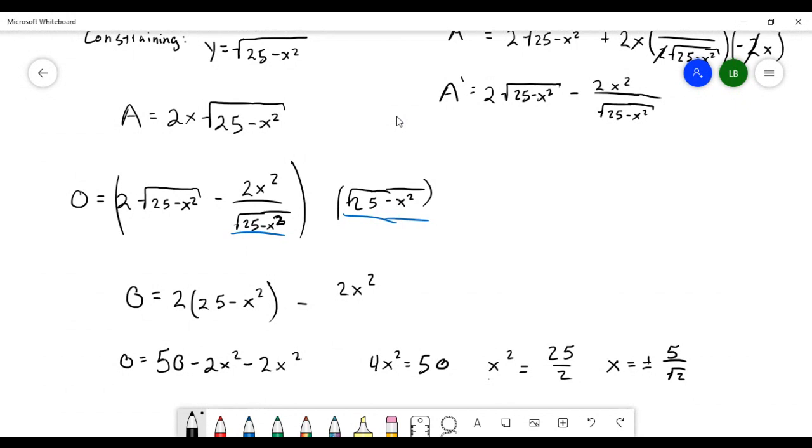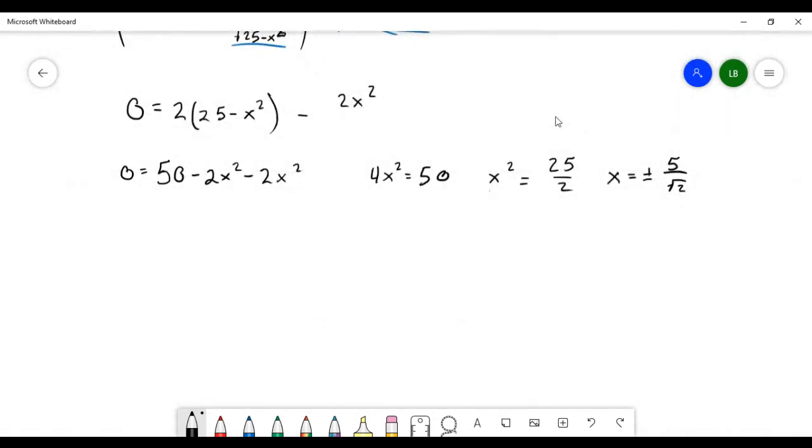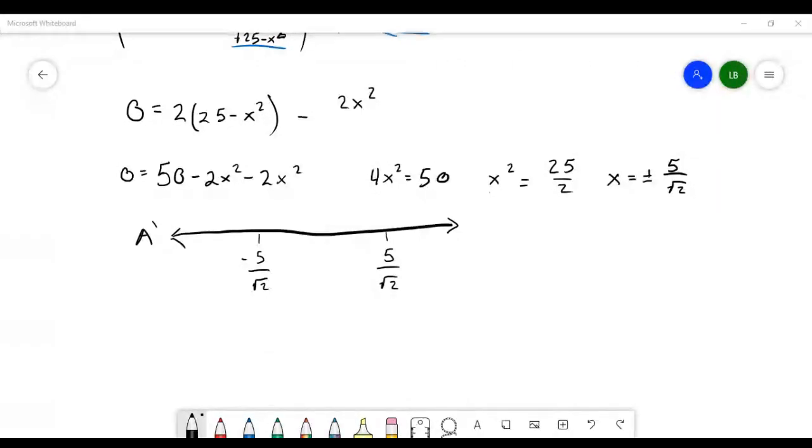But again, in this case, we could have a negative x, I suppose, so we should probably check with a number line to make sure we're finding a maximum value and not a minimum. So we'd want negative 5 divided by root 2 as one of our critical points, and positive 5 over the square root of 2. Are you with me so far?